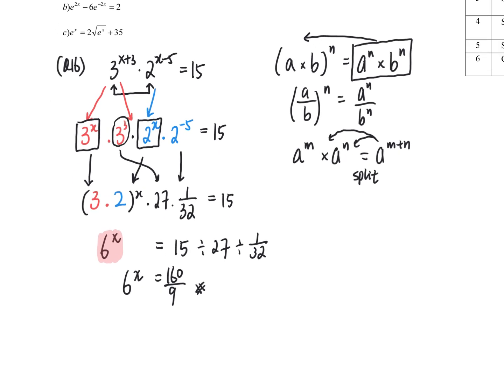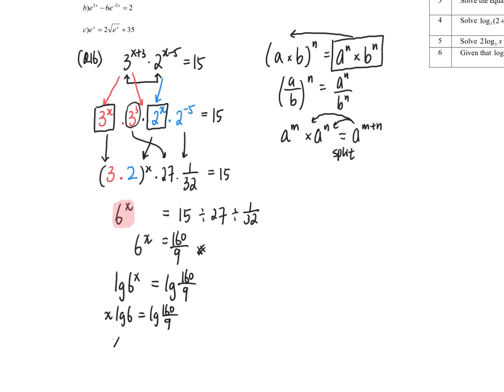Okay, so using this, how to solve for x? Ln both sides or log both sides. So if you log both sides, x is just this whole thing, divide by log 6. They say 3SF.